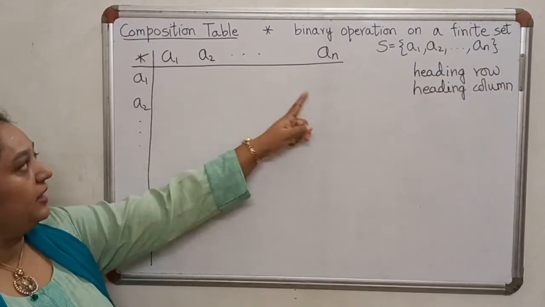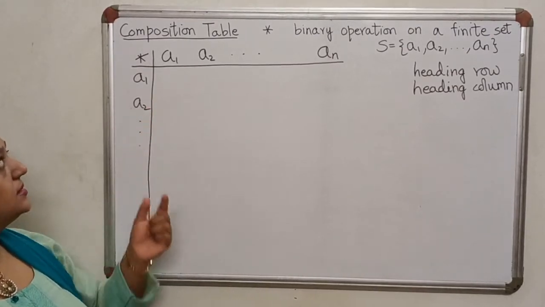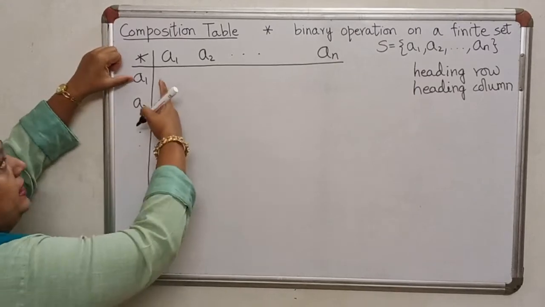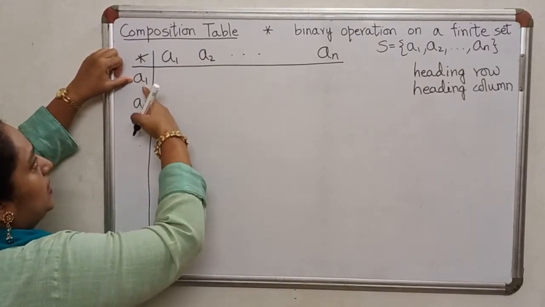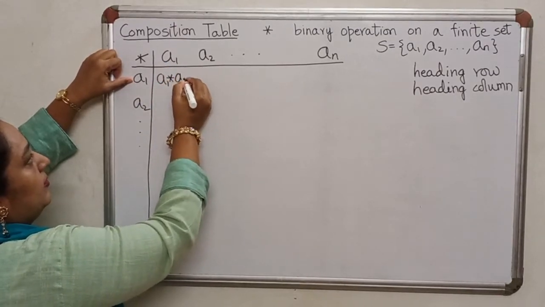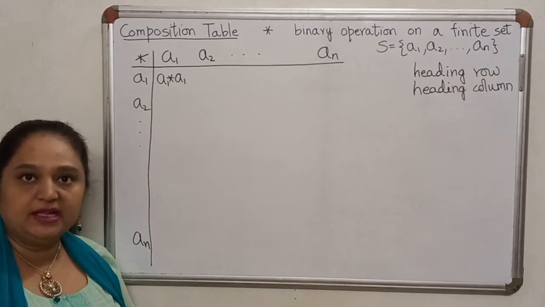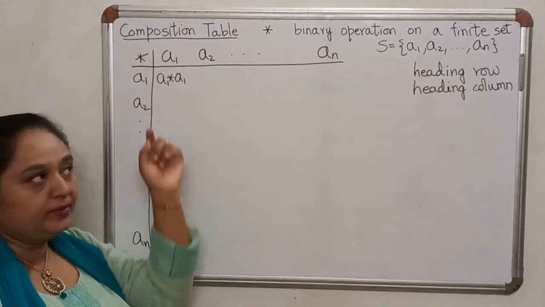Now we need to fill up these cells, and we are going to fill them up by combining the elements. In this position, I am going to find out what A1 star A1 is. So I will compute A1 star A1 and put that element over here.